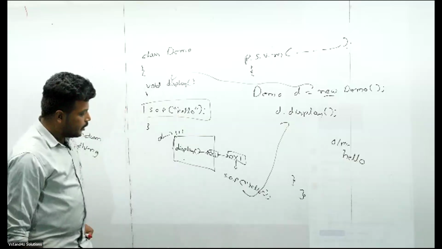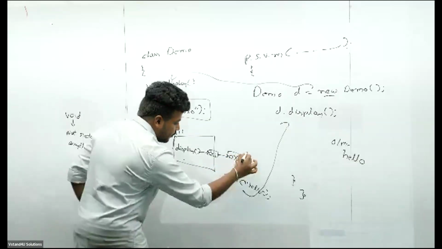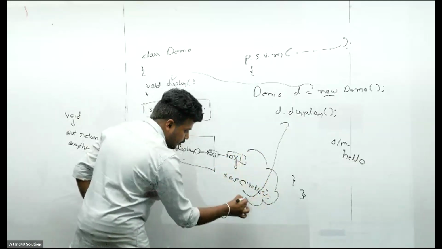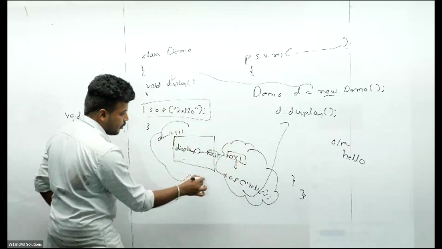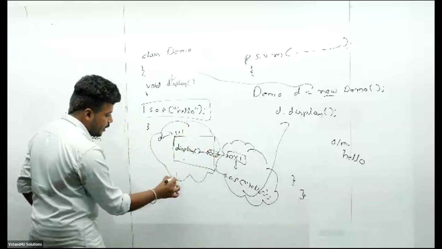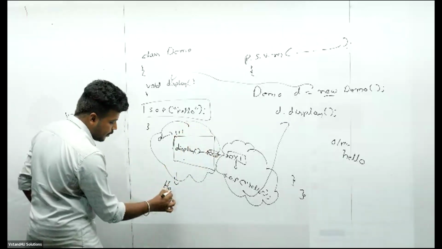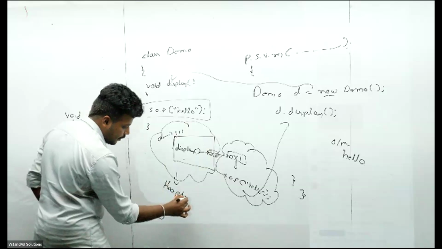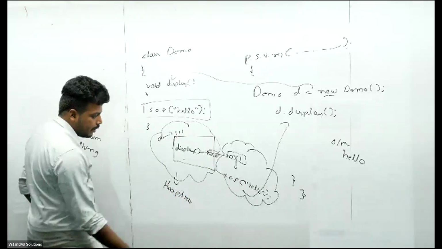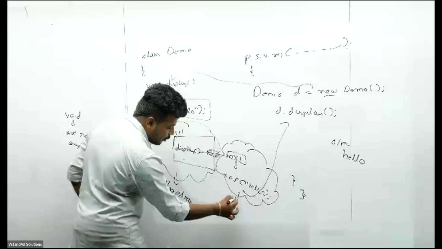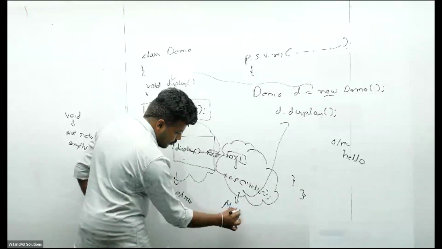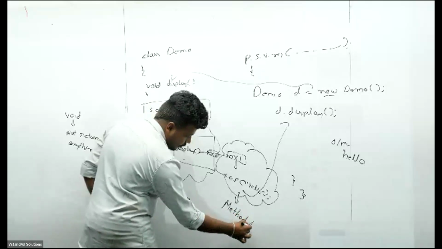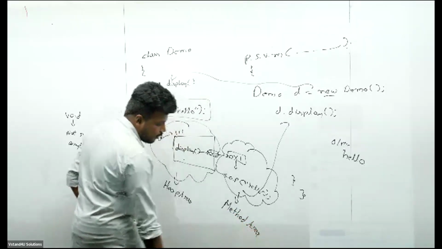So this memory area is called the heap area. It will store in the heap area. This printing statement will be stored in the method area.